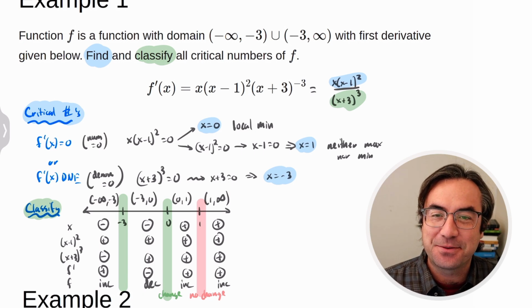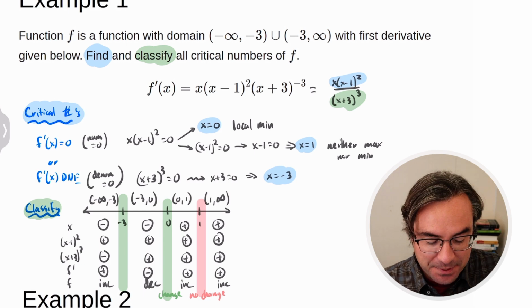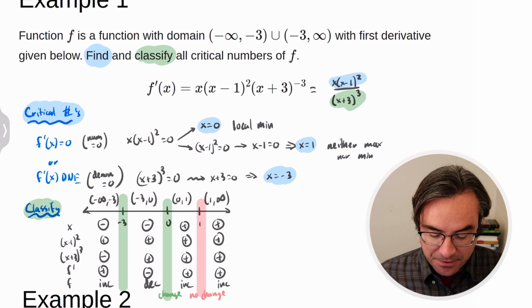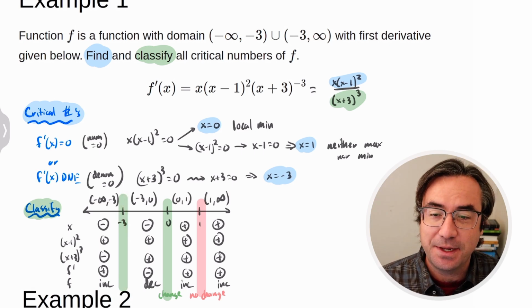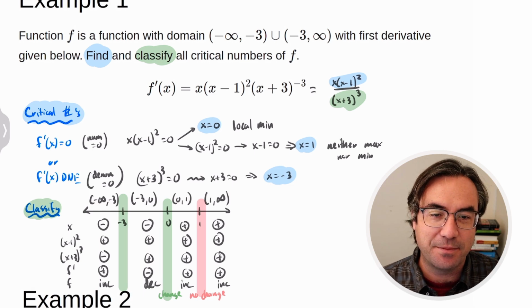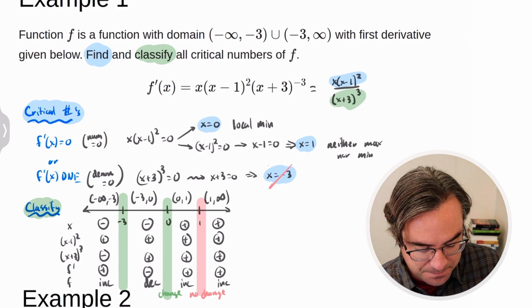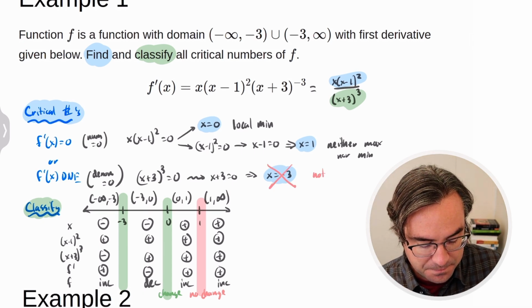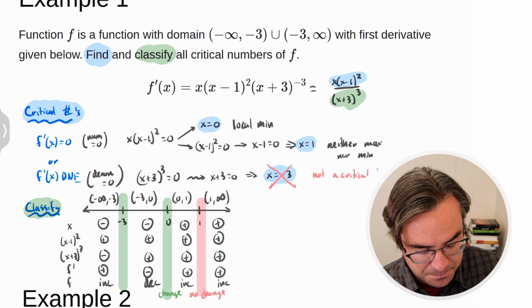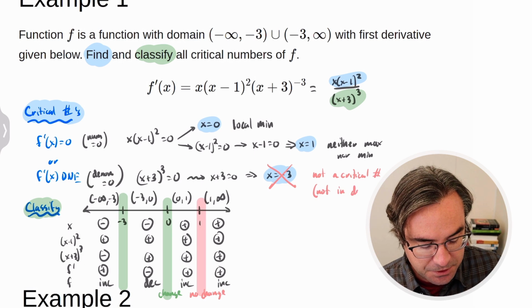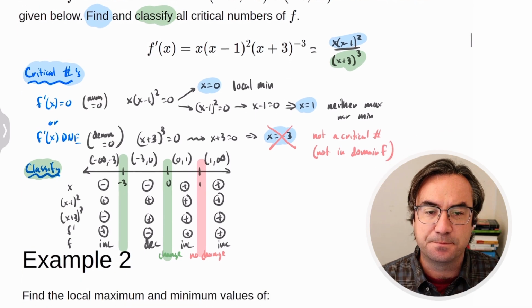So x equals negative 3 is not actually a critical number because it's not in the domain of our original function. So even though if we're doing our sign chart, it looks like we're going to have a max or min there, this is not actually a critical number. So it's not in the domain of our original function.